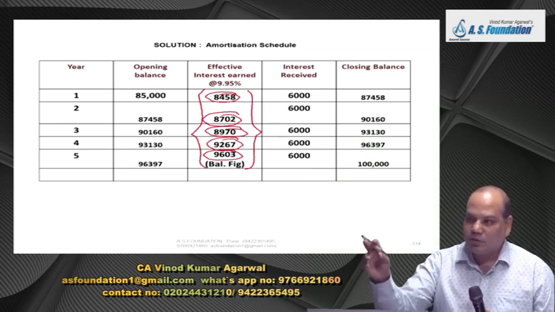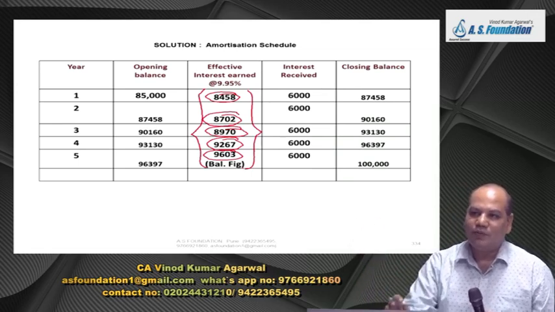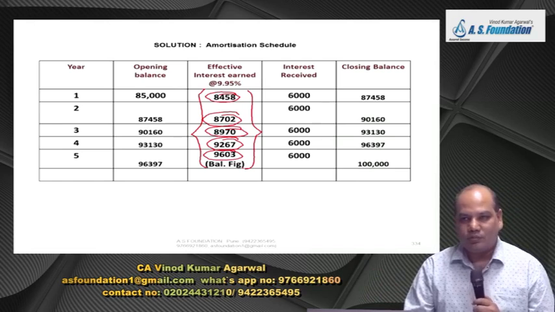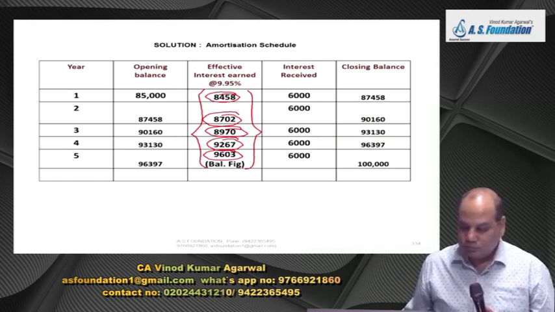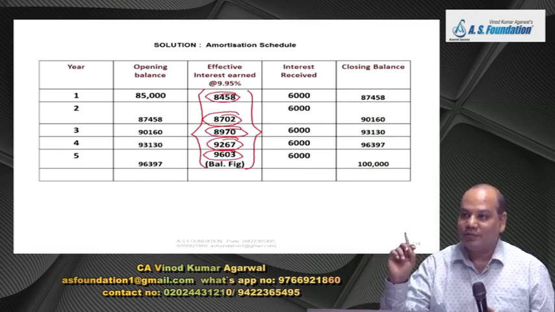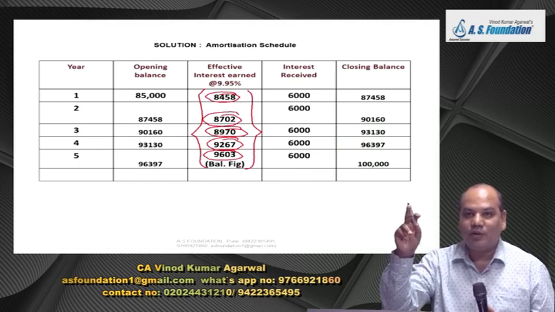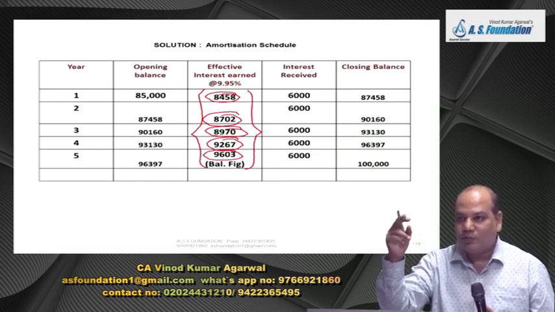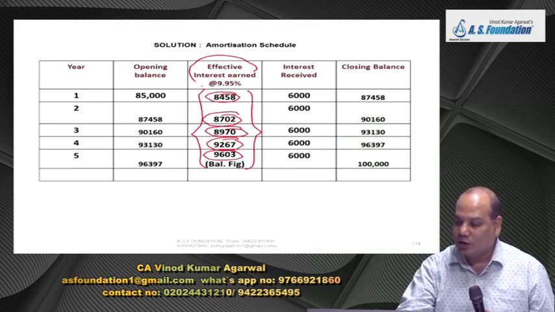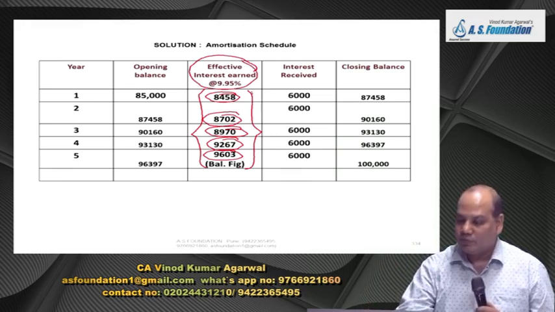Fair value will be given to you, and then the balancing figure is transferred to OCI. Don't calculate interest on opening balance, because opening balance is fair value. Opening balance will be fair value, but for interest calculation I have to take effective interest. So that is based on this table. Okay.